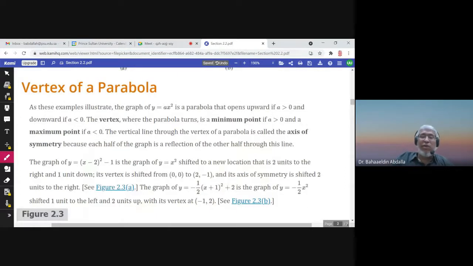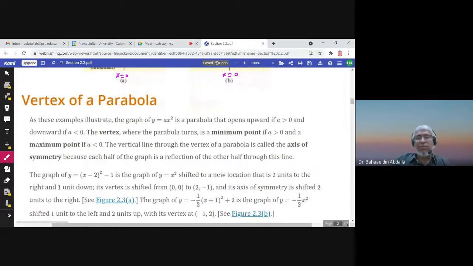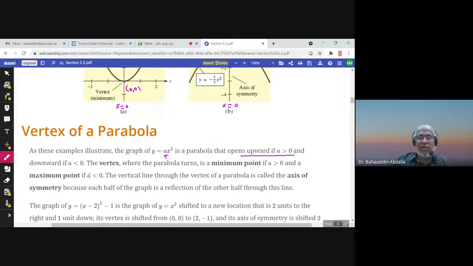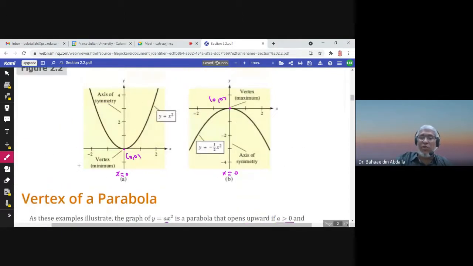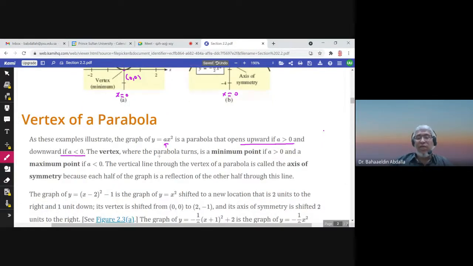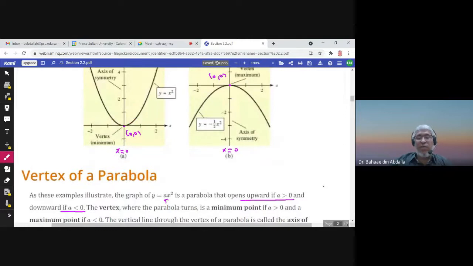Now, let us talk about the vertex of the parabola. Well, the parabola opens upwards if a is positive. As we have seen, for x squared, it opens upwards. While if a is negative, the parabola opens downwards. So here a is negative half, so the parabola opens downwards. If the parabola opens upwards, the vertex is the minimum point.